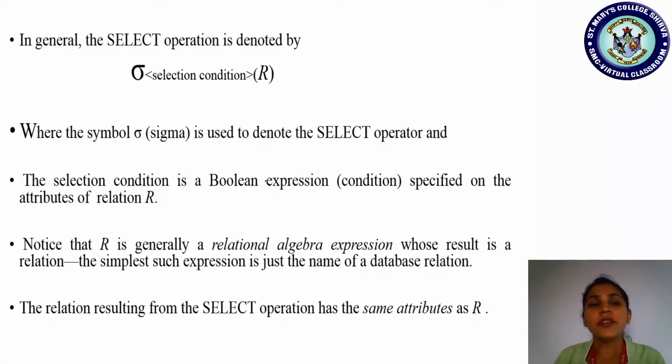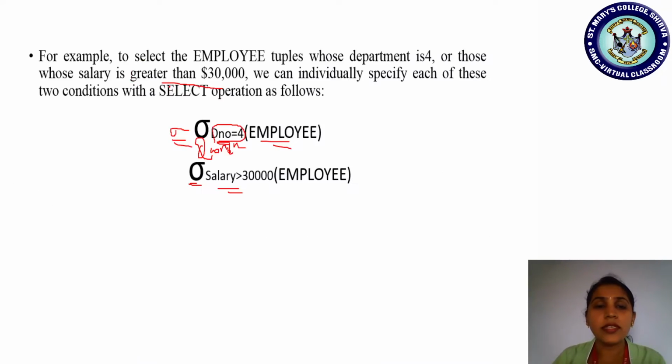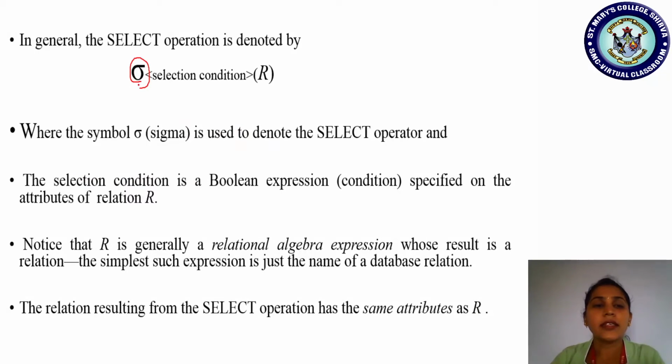Now in general, the select operation is denoted by which symbol? The sigma kind of symbol, just now I told, right? I explained that this is salary greater than 30,000, department number equal to 4. These are qualifying conditions. So in the syntax, this is the operator or the diagrammatic representation. Then with an angular bracket, we specify the selection condition.